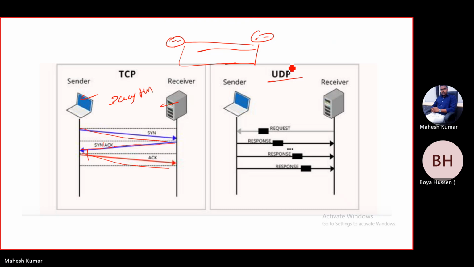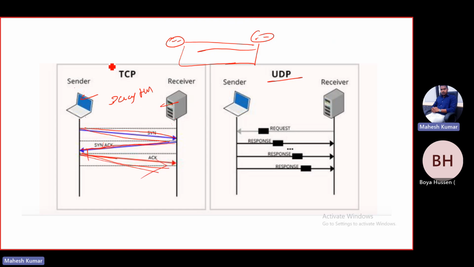UDP is User Datagram Protocol. In TCP, once the sender sends a packet, the receiver gives confirmation, the SYN and acknowledgement, then the sender sends an acknowledgement again.